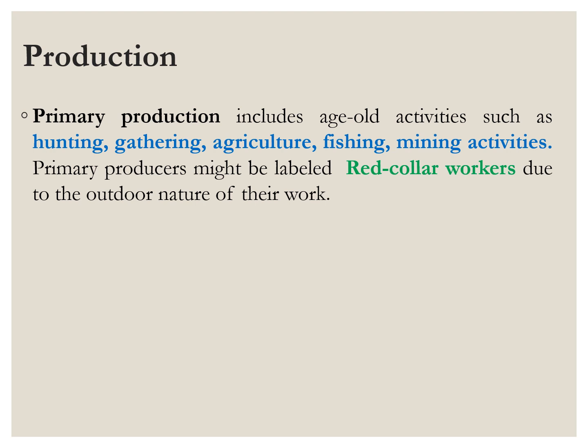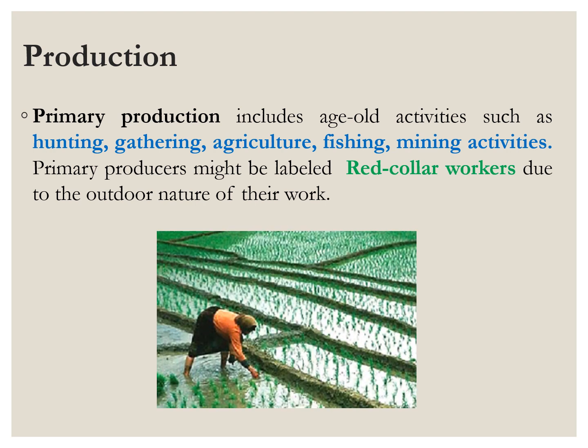So primary production is the activities related to obtaining natural resources for manufacturing or food. They are known as the red collar labor force due to the outdoor nature of their work. In this diagram, a farmer is cultivating in his field, and this type of activity is under the primary production group.